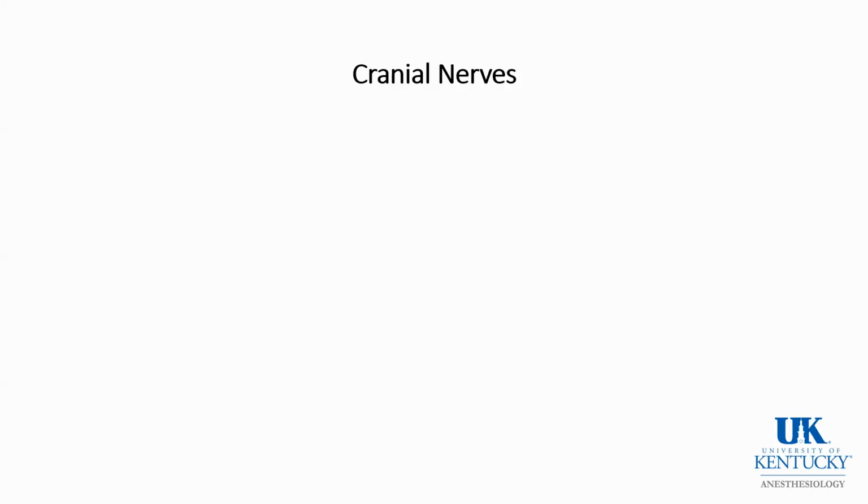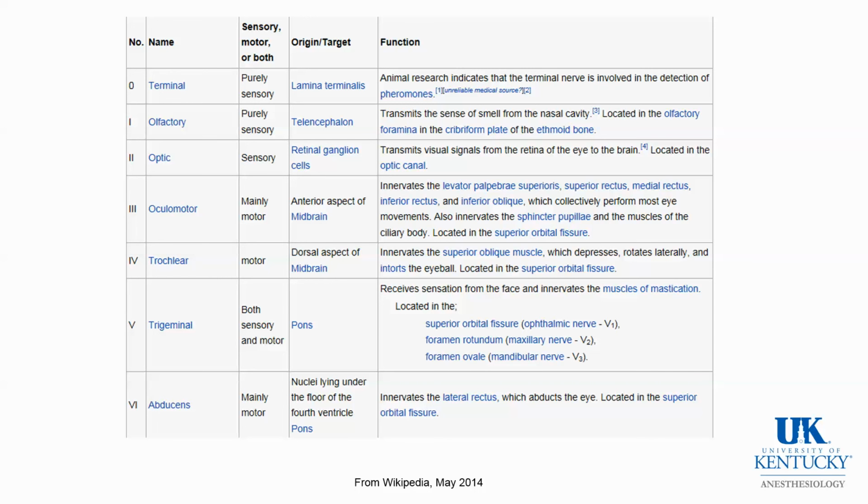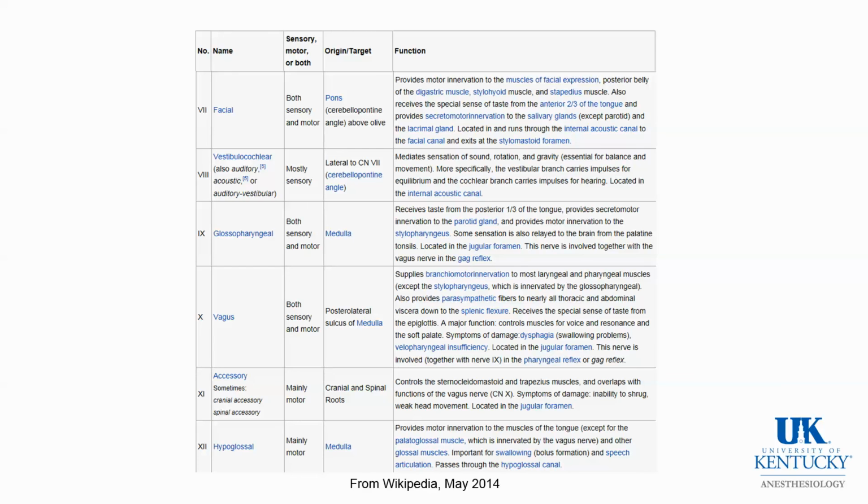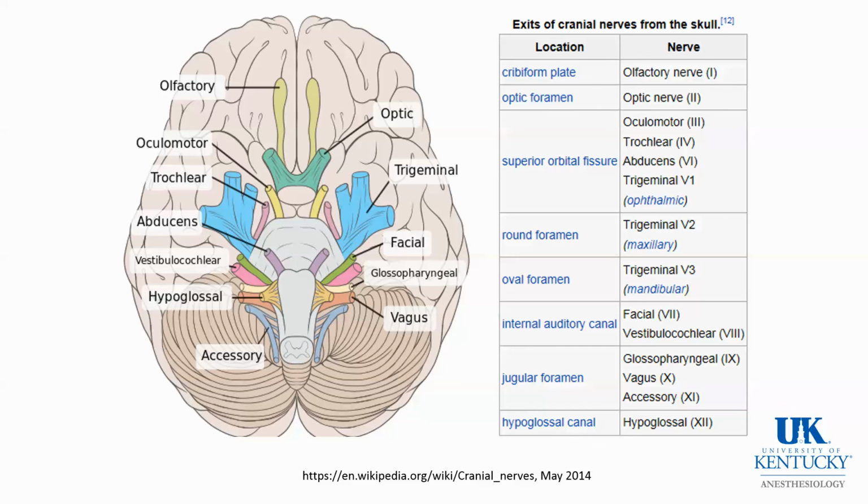Finally, a word about the cranial nerves. These are listed and reviewed in the next few slides, including what their origin and target is, and their function, as I mentioned. This shows the exit of the cranial nerves from the base of the brain.